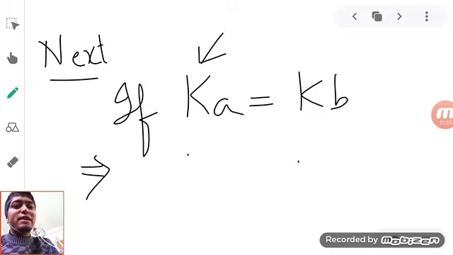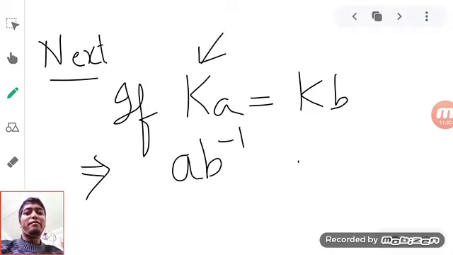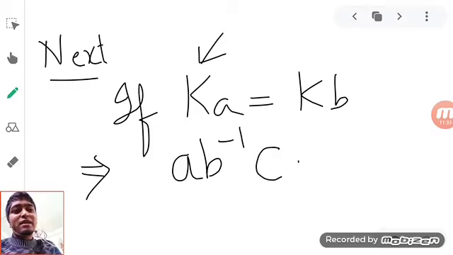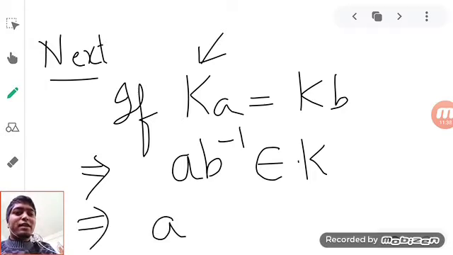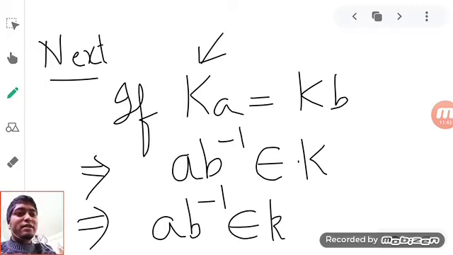So from this line, by using the theorem on cosets that we have done during the revision, you will get ab inverse belongs to K. But K is the kernel, so I can write kernel f.